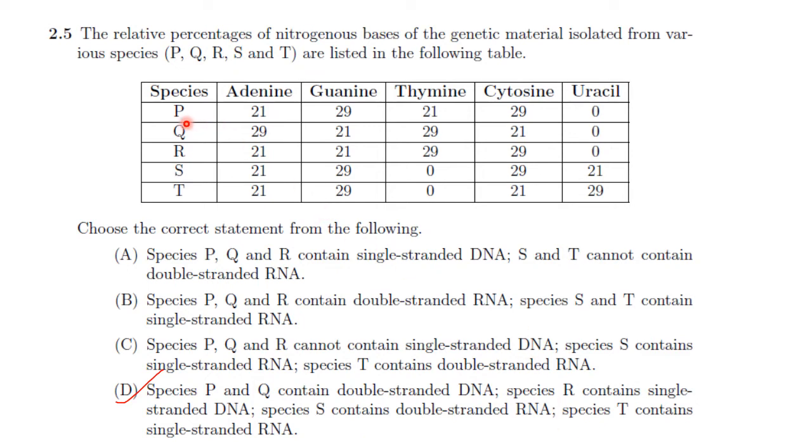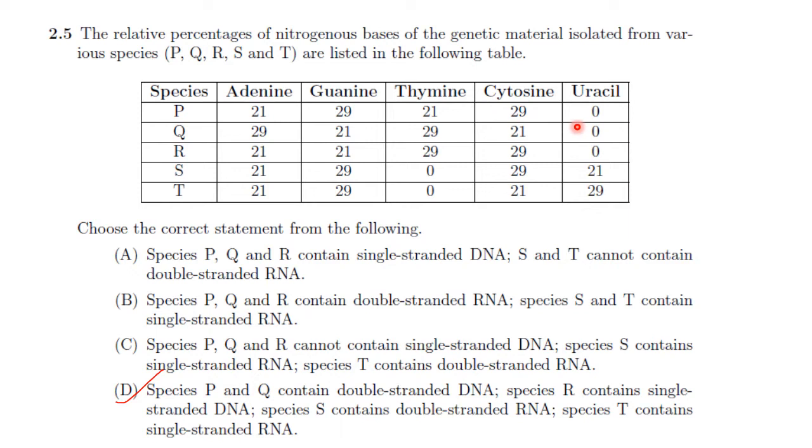Now coming to species P, you can see that adenine matches with thymine and guanine forms hydrogen bond with cytosine. So here in species P, adenine and thymine numbers are equal. Similarly, guanine and cytosine percentages are equal.